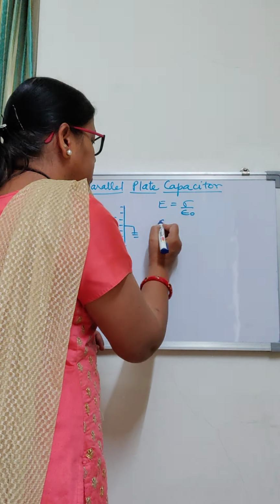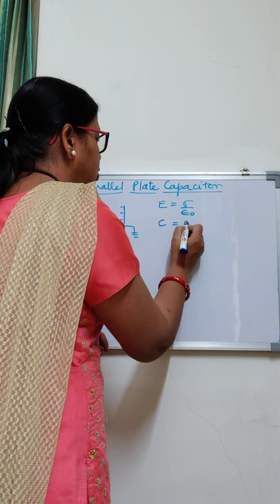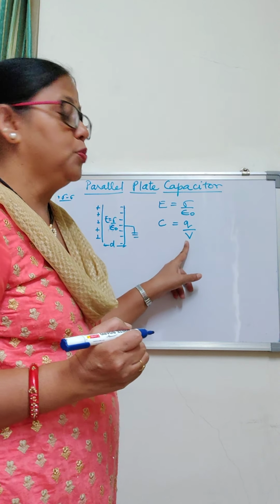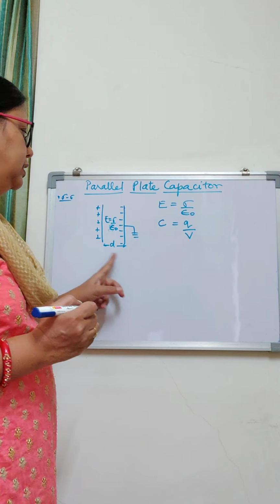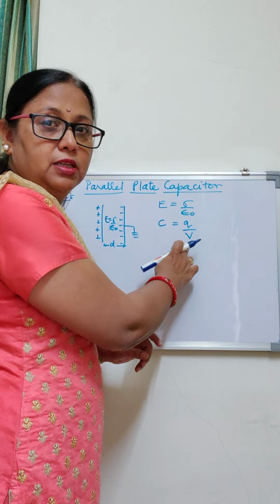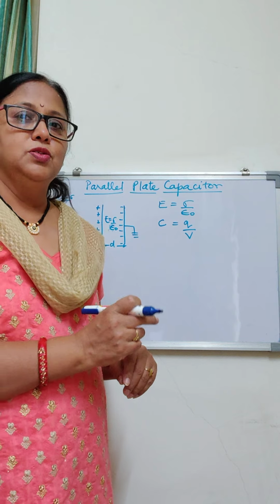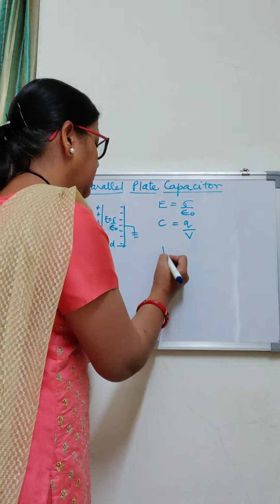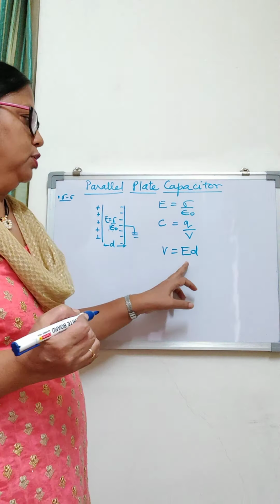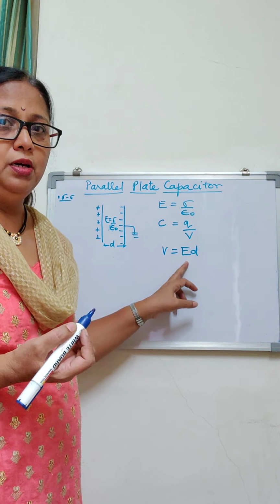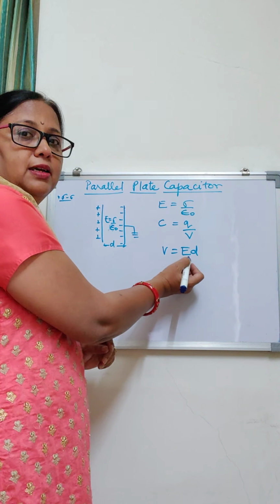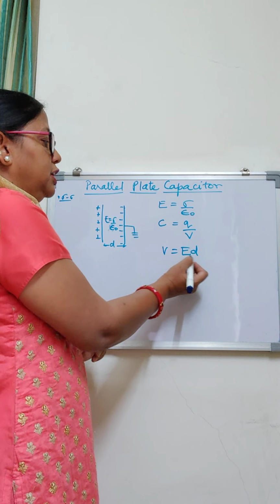Now our formula for capacitance is C equal to Q upon V, where V is the potential difference between the plates of the capacitor. How much is the potential difference between the plates? That is given by the formula V equal to E into d. You have to remember that potential difference is given by electric field into distance between the plates.